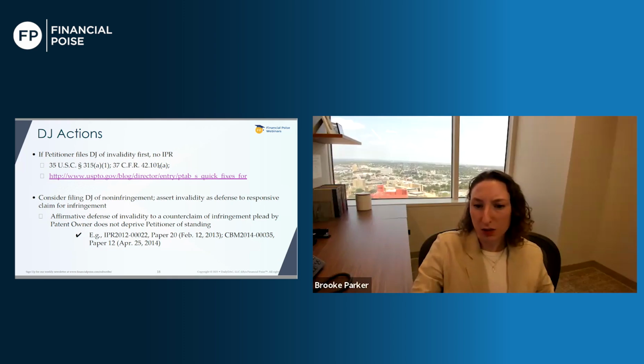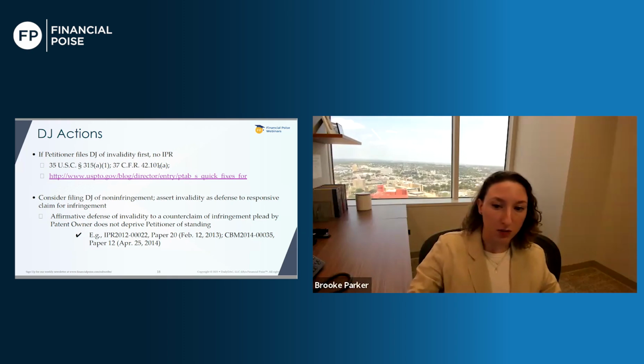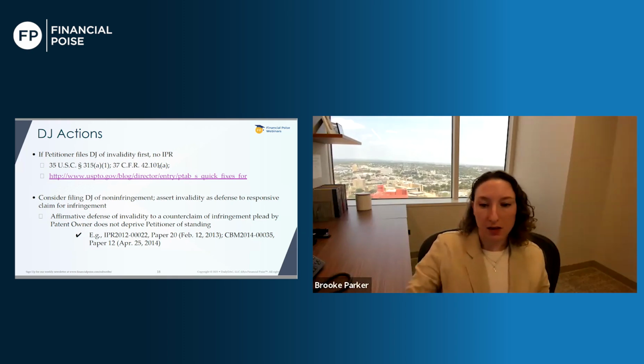Essentially, you'd file a declaratory judgment for non-infringement, and then when the opposing party argues that you actually are infringing, you can bring up invalidity as a defense in the declaratory judgment proceedings. That would not limit your ability to file an IPR.